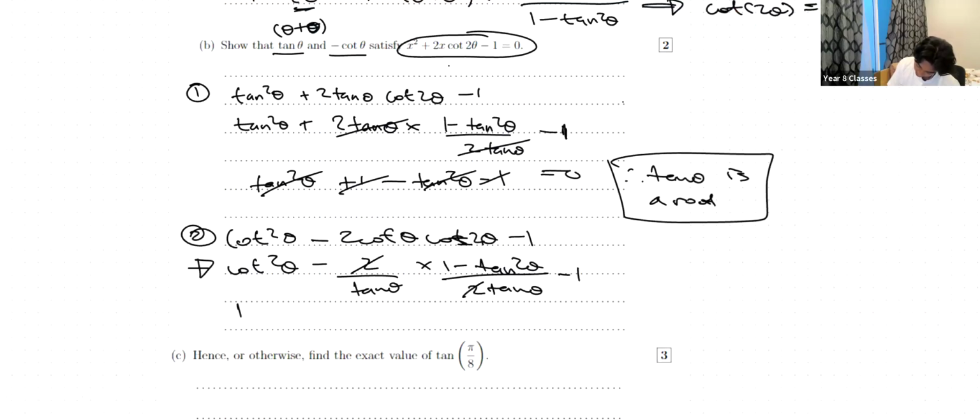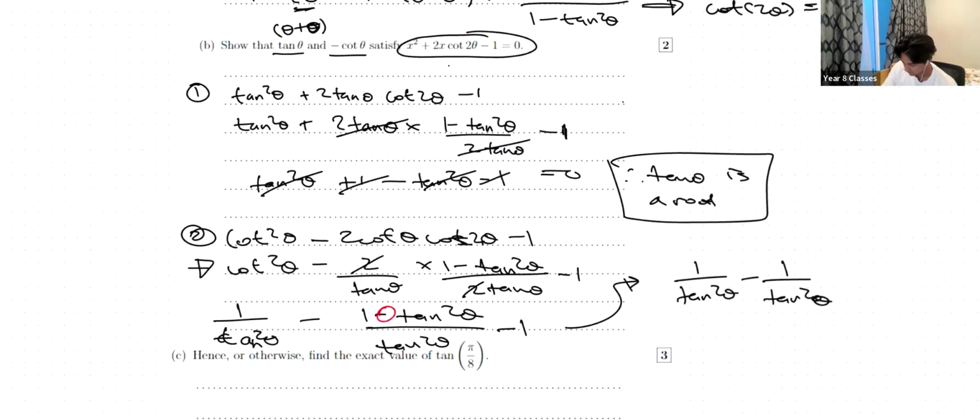If you do that, you'll get this, 1 over tan squared theta minus 1 minus tan squared theta over tan squared theta minus 1. I'm basically just splitting this fraction into 2 parts.